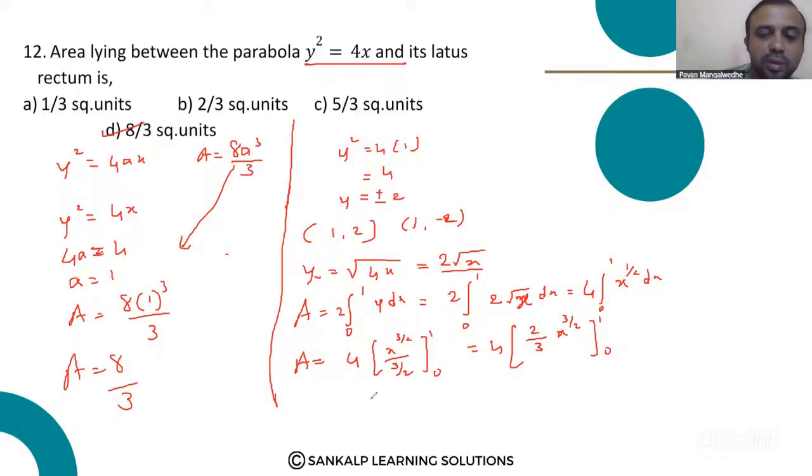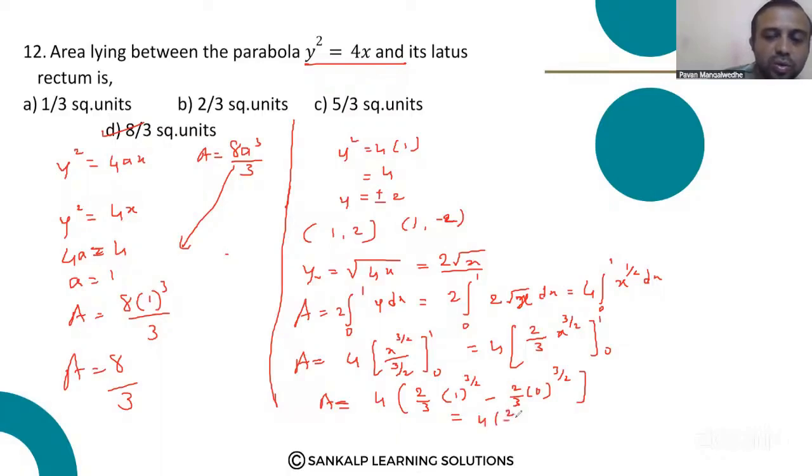So using the upper limit minus lower limit condition, A is equal to 4 into 2 by 3 into 1 raised to 3 by 2 minus 2 by 3 into 0 raised to 3 by 2. Now using this, I can solve this as 4 into 2 by 3 minus 0, since 0 into anything is 0, which can be written as 8 by 3.